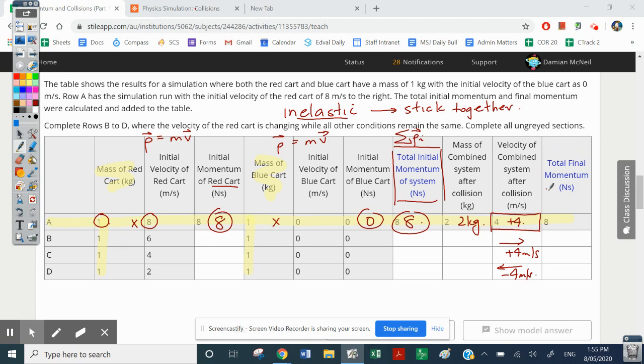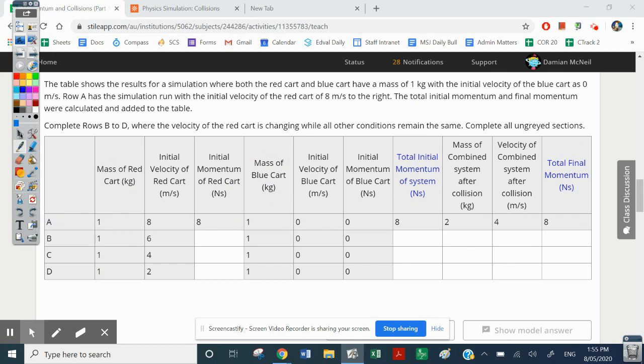We're now going to calculate the final momentum of the system, and the final momentum, sigma P F, is equal to the final mass, the mass of the combined, multiplied by the velocity of the combined. So 2 times 4 is 8. And what you should be noticing is the initial momentum, which is 8 here, will equal the final momentum there being 8. Okay? Right, so what you're going to do now is work your way through this simulation.